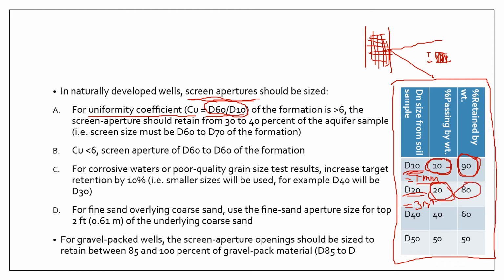And that will also mean this size will retain 80% of the soil grains. All right, so basically you get the pattern. The bigger the D number, you typically have a bigger size of opening, and a bigger percentage of sediments that are able to pass through with this size.